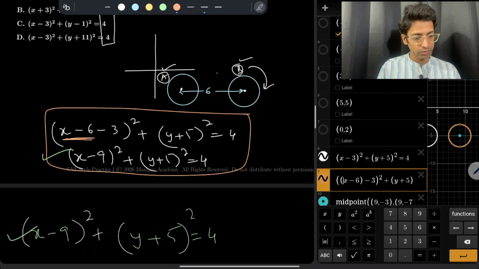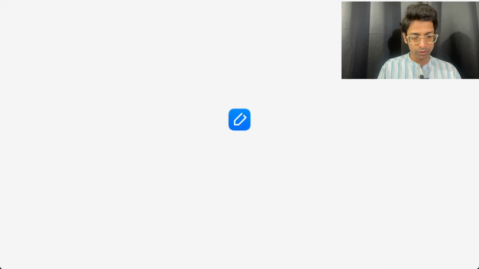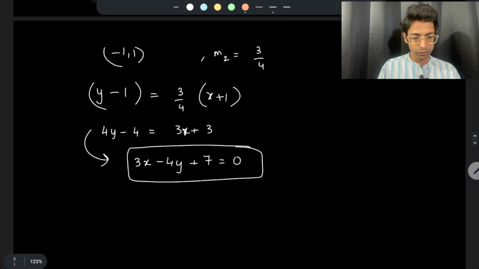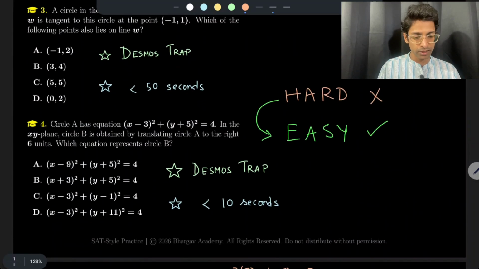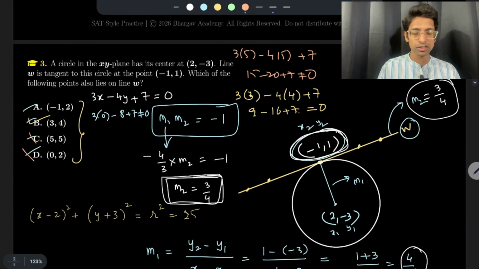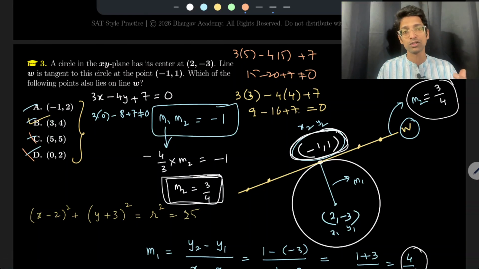Alright, so that is what this video is all about. So what we have learned in this video so far. The first problem is a Desmos trap, clearly, because if you try to do this on Desmos, you will end up with 4 points, and you have to visually figure out which is the tangent. That is a risky job to do during the exam. So you have to do it the hard way, the algebraic way.